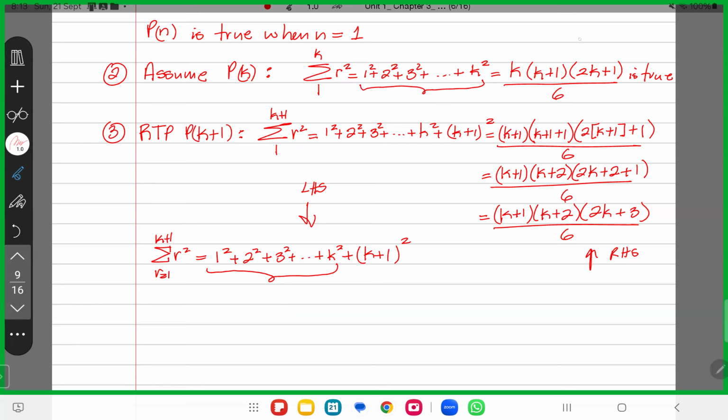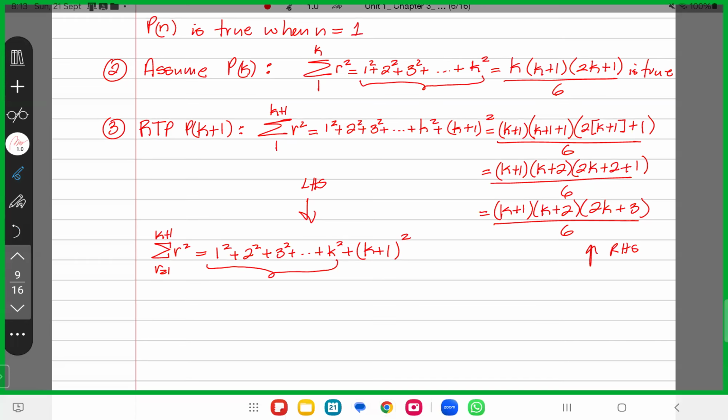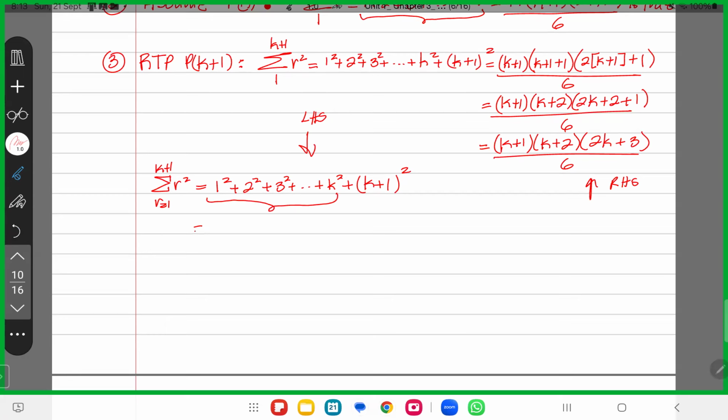We assume that this is equal to this. We did that at step 2. We're going to assume that that is true. And so we're going to take out all of this and put k(k+1)(2k+1) all over 6 plus (k+1) squared. You put this over 1.